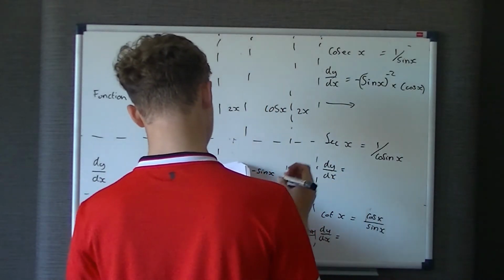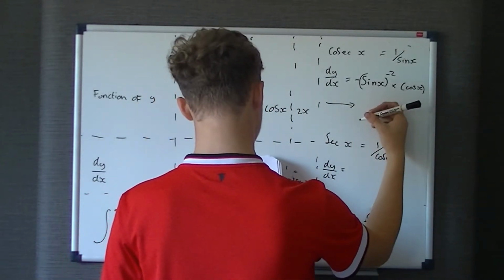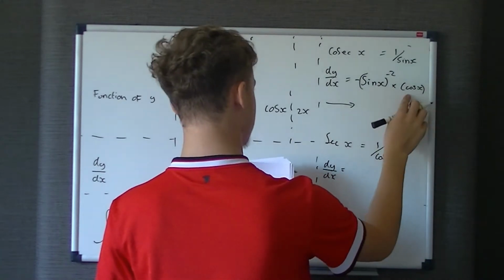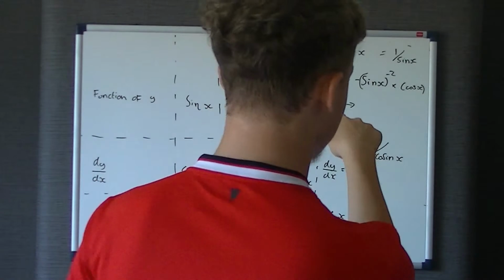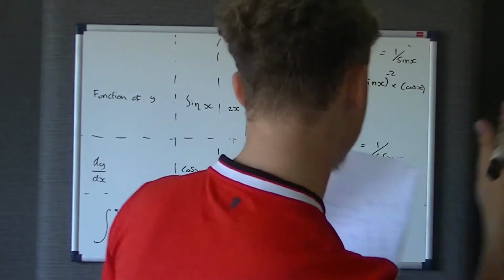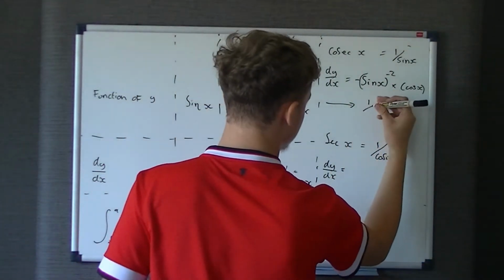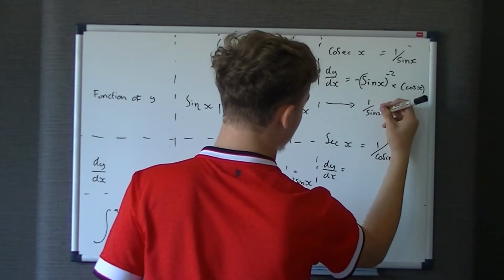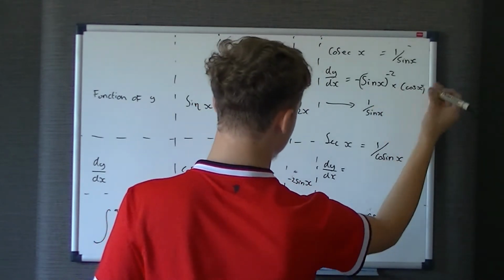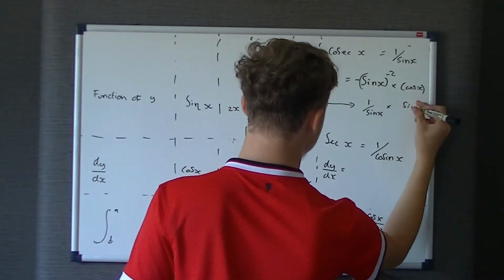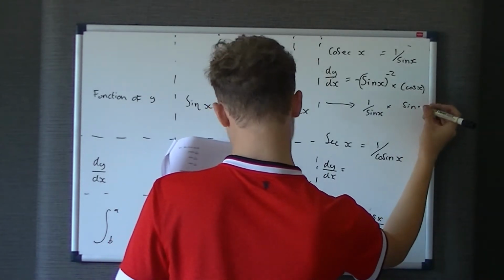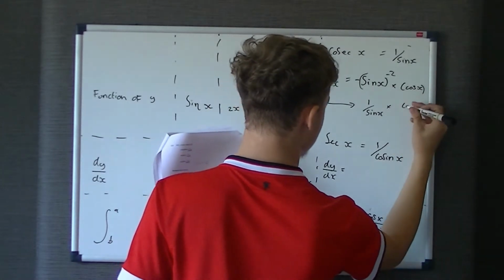And then you simplify that, so that's 1 over sine x, and you put that sine x over the top, so it's cos x over sine x.